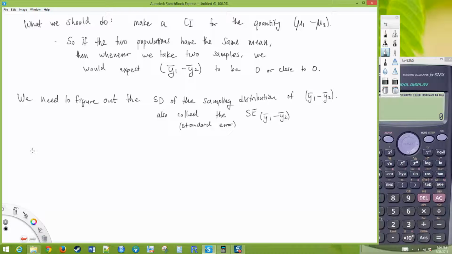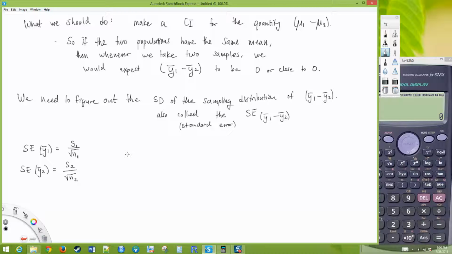Just a reminder, the standard error of y bar 1 would be S1 over the square root of N1, and for y bar 2, S2 over the square root of N2. And we want to combine these, but we have to combine not the standard deviations, but the variances.